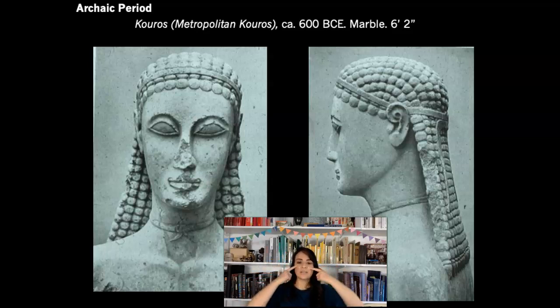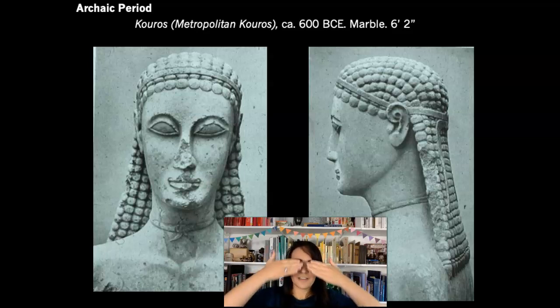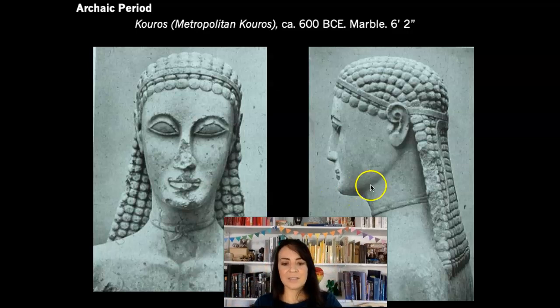There's no transition of jaw. There's no movement under the jawline. There's no indication of cheekbones or eye sockets. So there is limited depiction of the facial features, but they're there.